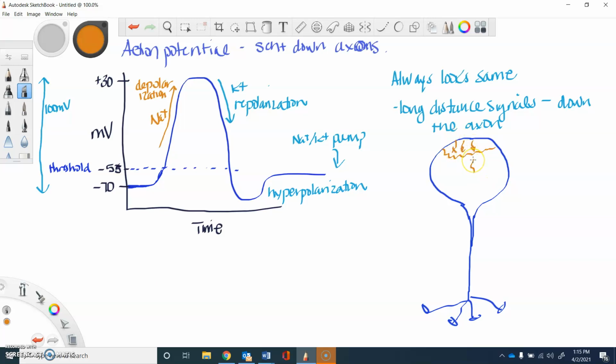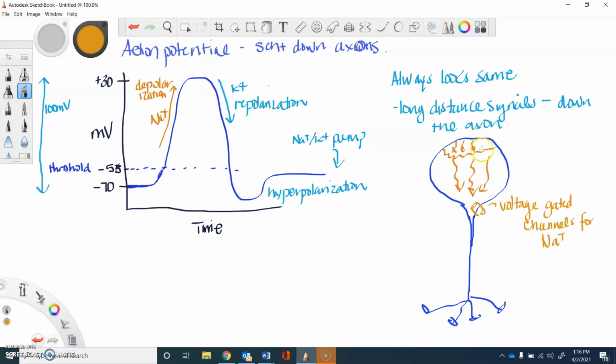That graded potential moves down till it gets to the axon hillock. And at the axon hillock, there will be voltage gates, or voltage-gated channels for sodium.